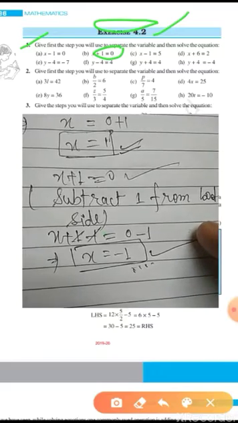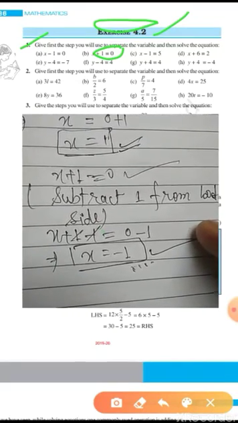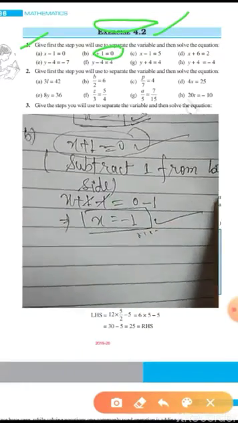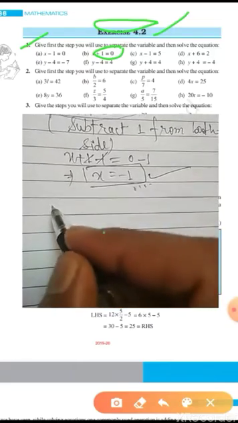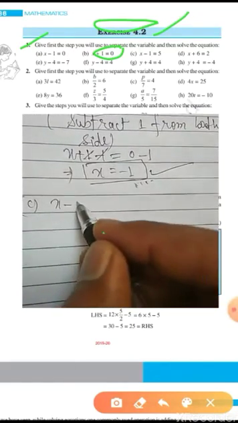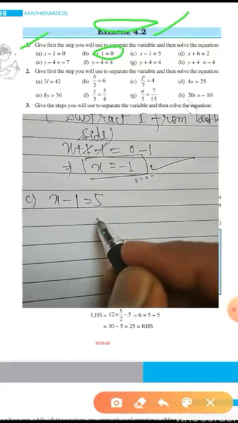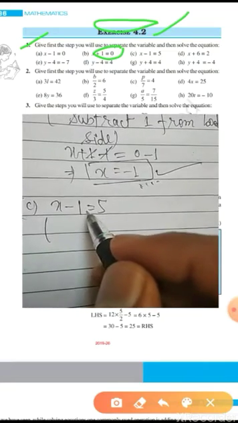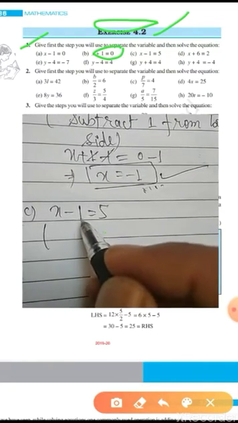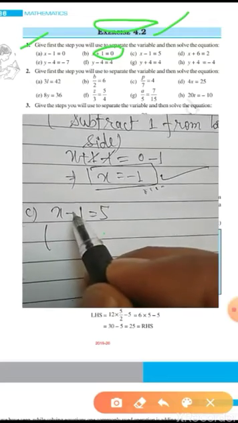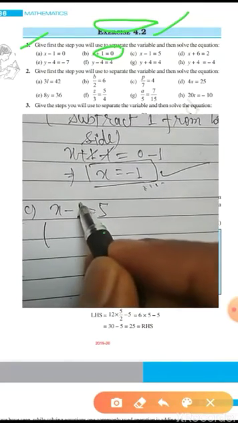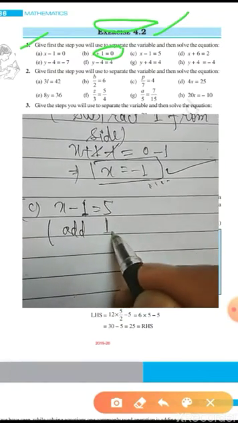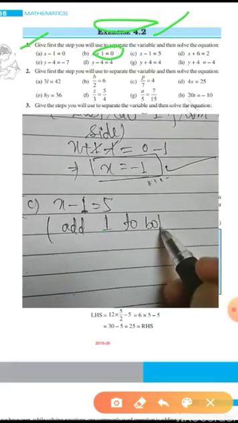x is equal to minus 1 is the solution of this equation. Now C is x minus 1 is equal to 5. So to separate the variable from this equation, we have to add 1 to both sides.